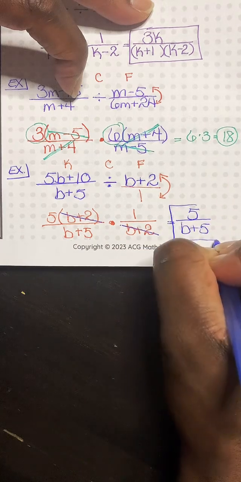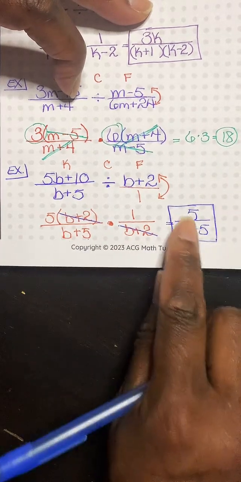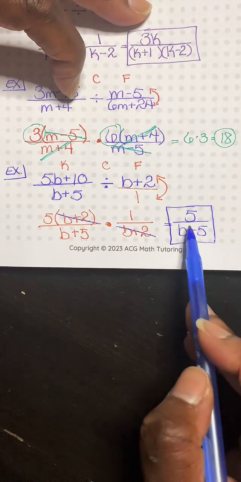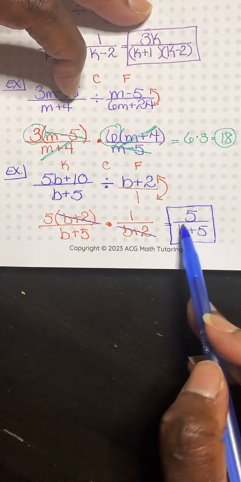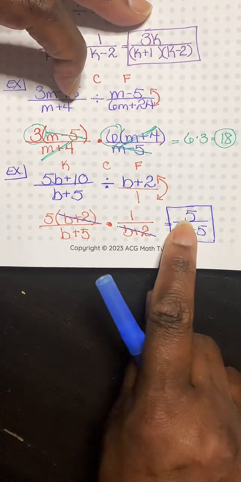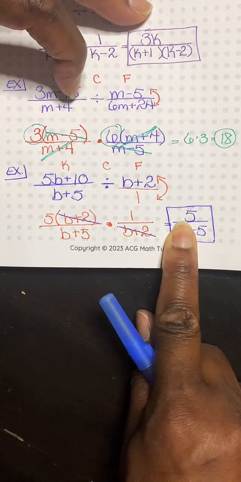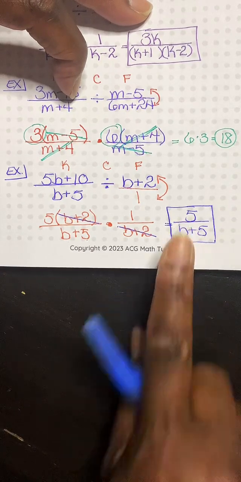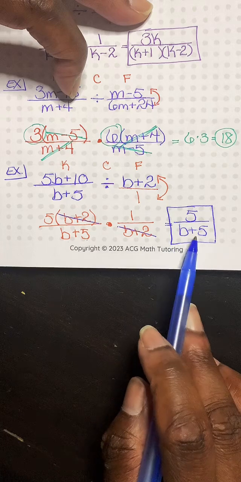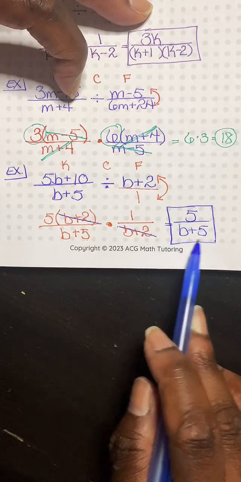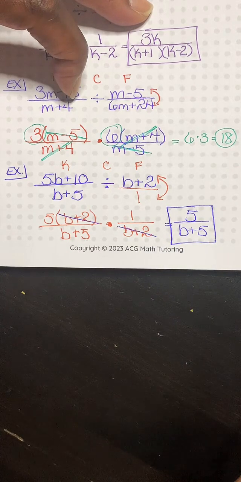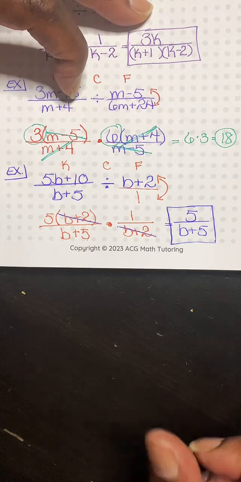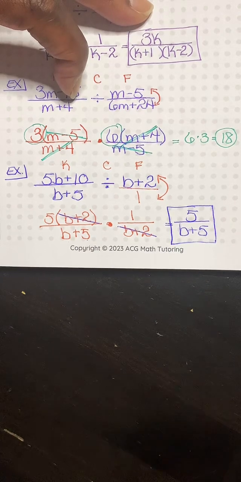And we cannot cancel out the 5s, okay? This 5 is a whole number. This 5 is a part of an expression. If it was just 5 divided by 5, yes, your answer would be 1. But because it is that b and that plus sign down with this 5 in the denominator, I cannot touch it. Okay? I want to say they're not like terms. That's what I want to say. But I'm trying to put it in plain English.